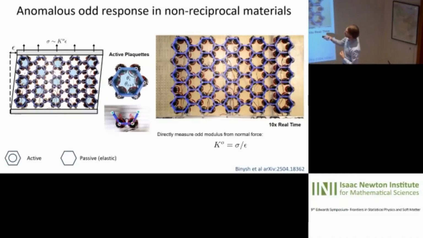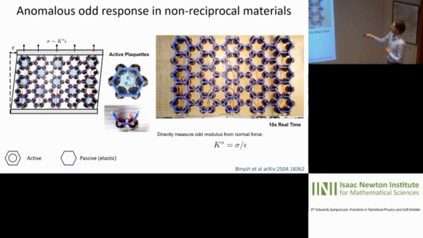where, in order to measure the elastic modulus here, K naught, you shear the material. You saw this video playing earlier, so you apply a simple shear. And if you had a rheometer, you would apply a simple shear and measure the tangential stress on the top surface. But here, it's not a usual rheometer you want to use.